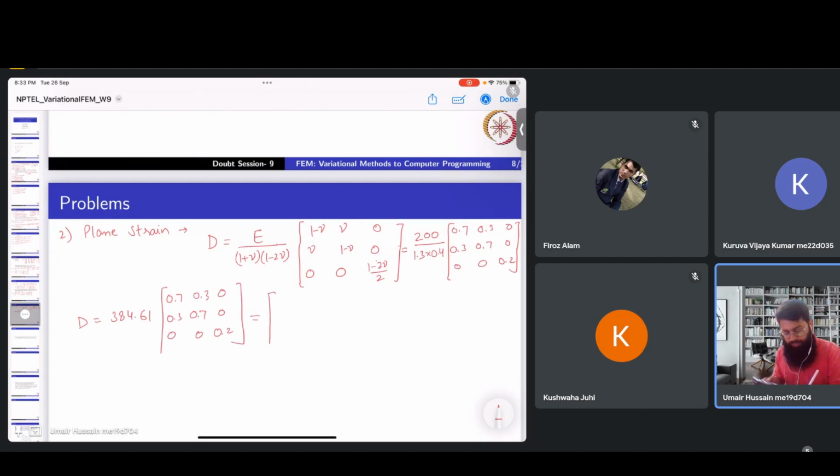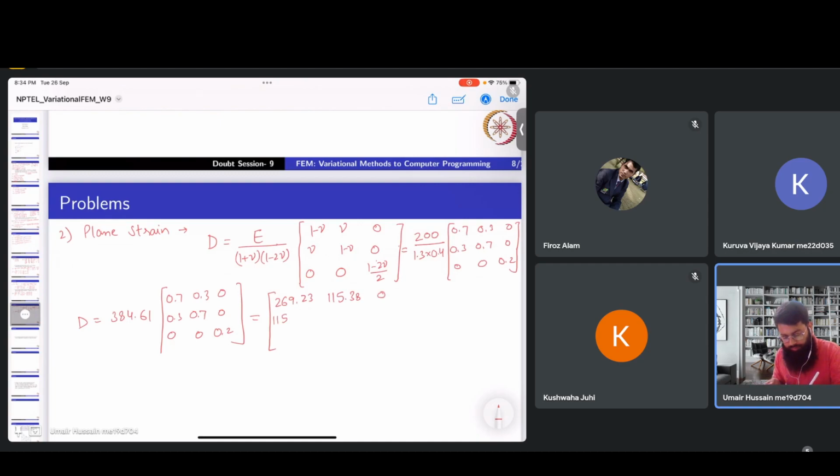Which simplifies to become 384.61 times 0.7, which is 269.23, and times 0.3 becomes 115.38, 0.